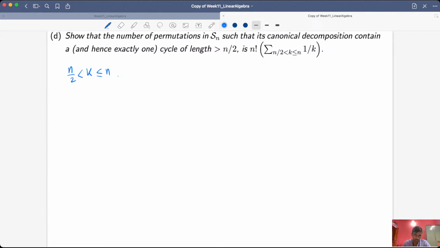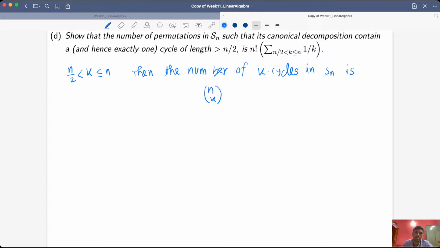The number of k cycles in Sn is, I can choose any k elements from n elements, so n choose k.